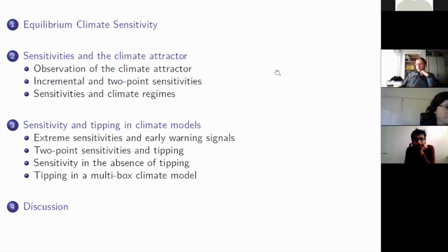I'm probably talking to a group of people who are much more expert than I am on climate sensitivity, so I will skate over that fairly quickly, but then talk about possible notions of climate sensitivity and the climate attractor, and how you can relate sensitivities to different regimes.